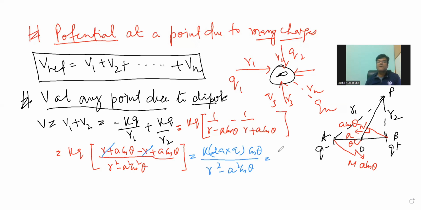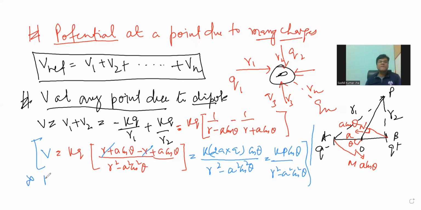So what we get is K p cos theta upon R square minus A square cos square theta, right? So this is the general formula for potential due to a dipole at any point.